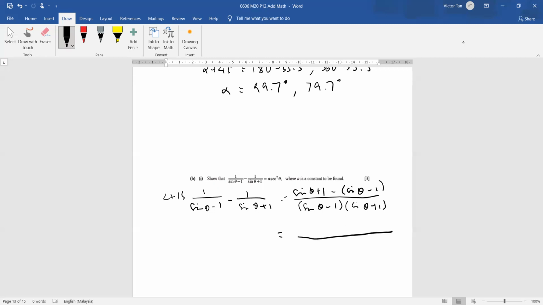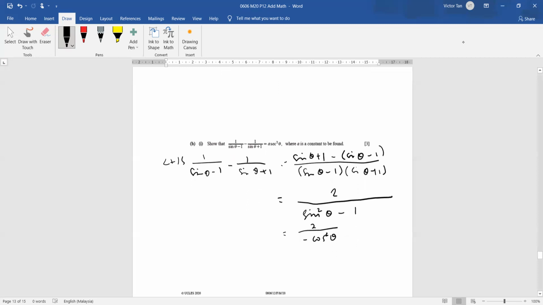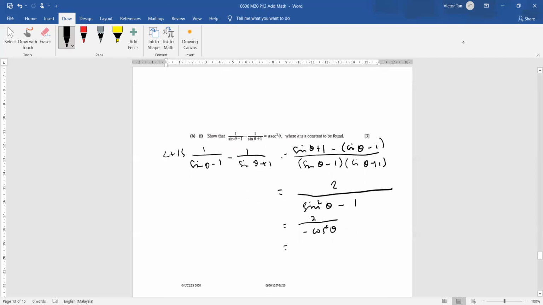So the numerator would be 2. The denominator after expansion would be sine squared theta minus 1. Using the first identity, sine squared theta minus 1 is minus cos squared theta. So this will be minus 2 secant squared theta. That's the answer.